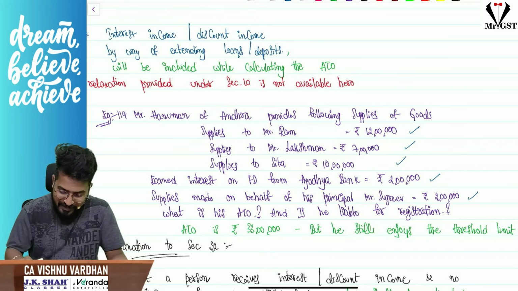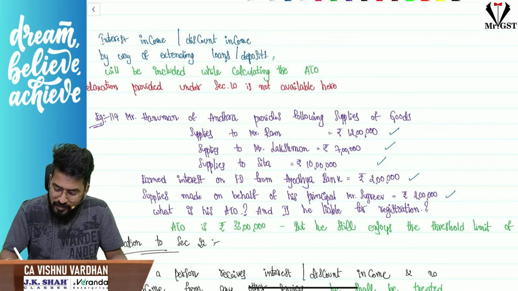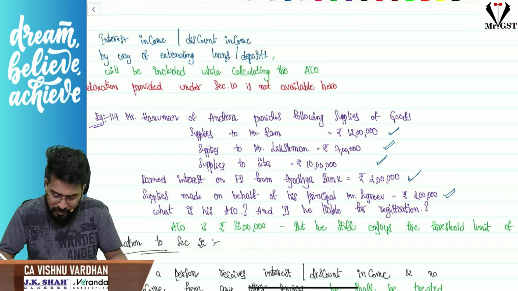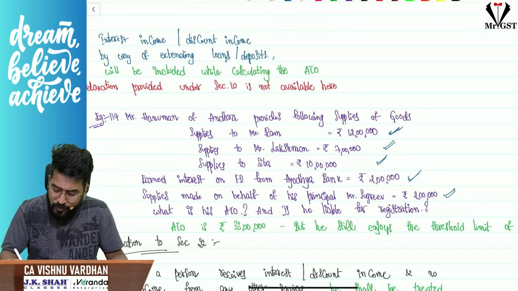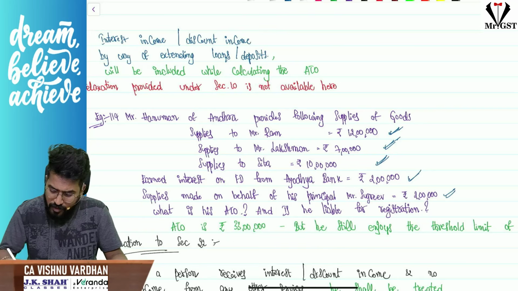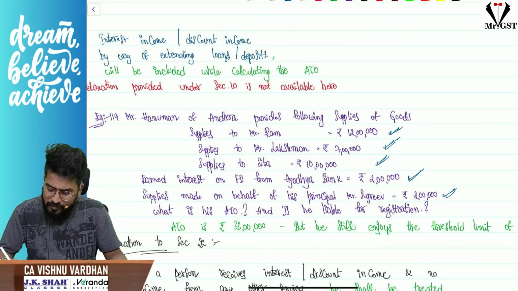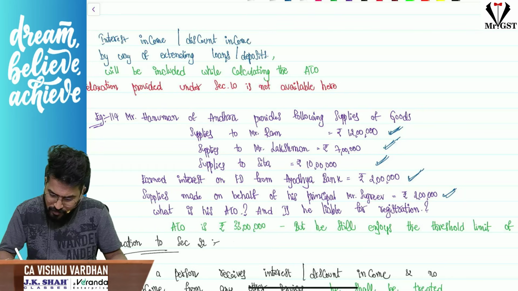Sir, the 12 lakhs, 7 lakhs, 10 lakhs, 2 lakhs and this other 2 lakhs we should add. Total: 12 plus 7 is 19, 19 plus 10 is 29, 29 plus 4 is 33 lakhs.